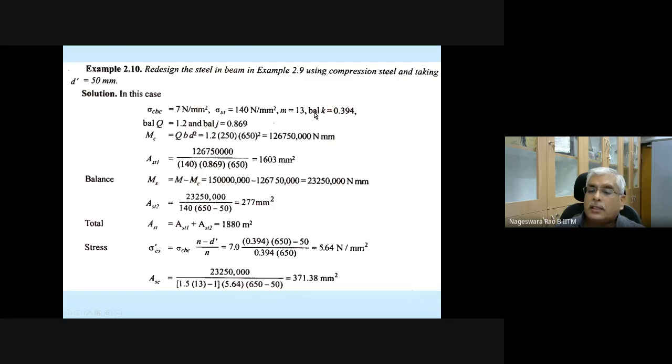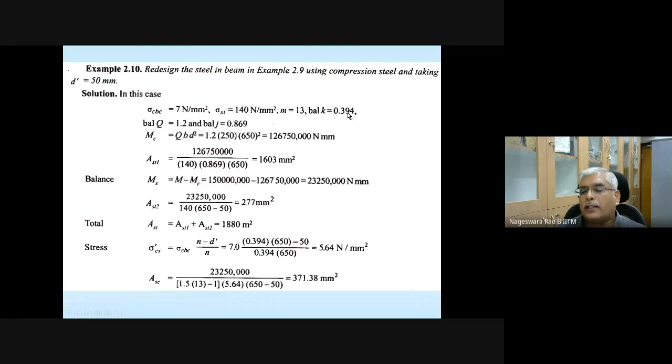And once these are decided, you can go back to your basics or the chart, the table that we prepared. You can go and read there. For this, what is the neutral axis depth factor, K, for a balanced section? That is also noted. Please take a note of this. For a balanced section, what is the resisting moment factor? For a balanced section, what is the lever arm factor?